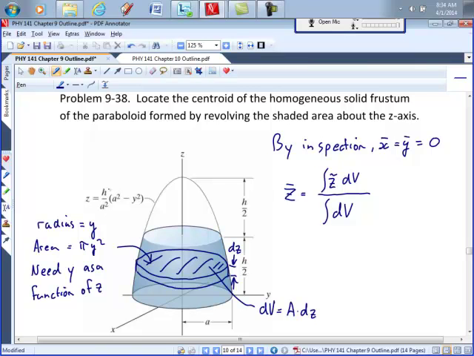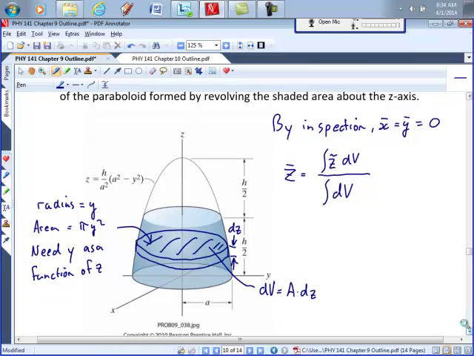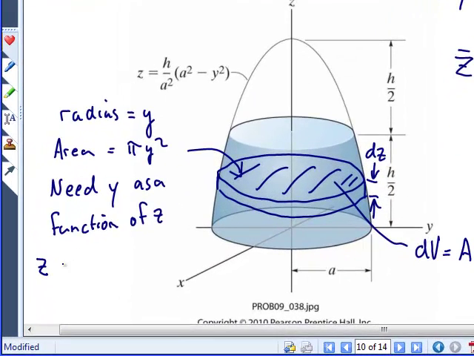Right, so we're going to get rid of this factor in the front first. So we would have z a squared over h equals a squared minus y squared.